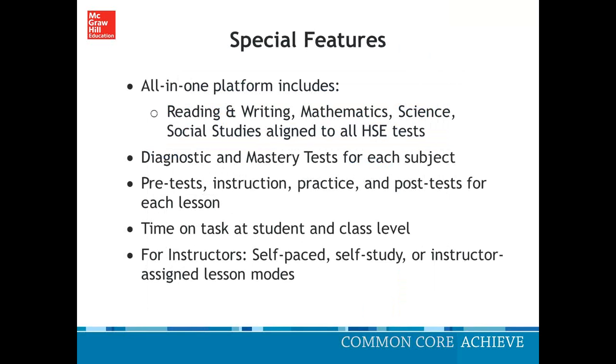That's important, particularly for a state like New Mexico, where the state has decided that all 3 high school equivalency tests are approved. This is an all-in-one program: regardless of the test you are helping your students prepare for, there is content in here that aligns to the test.